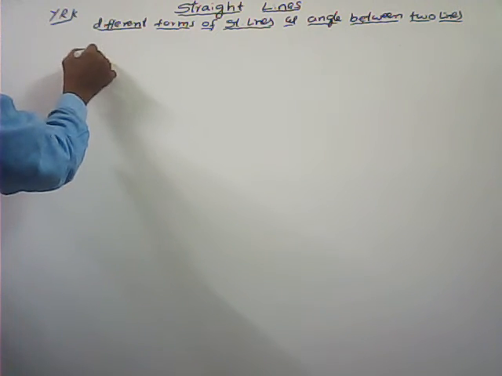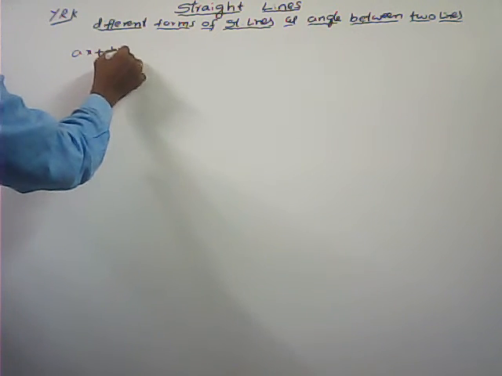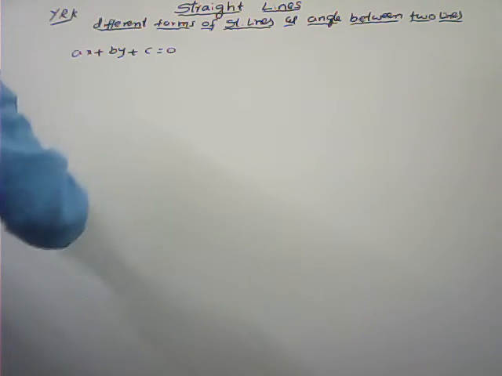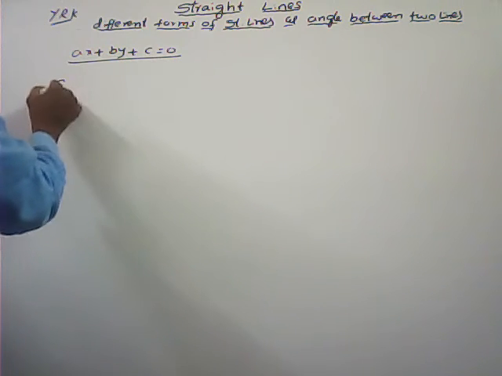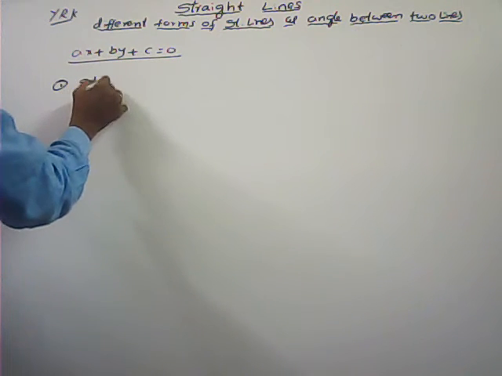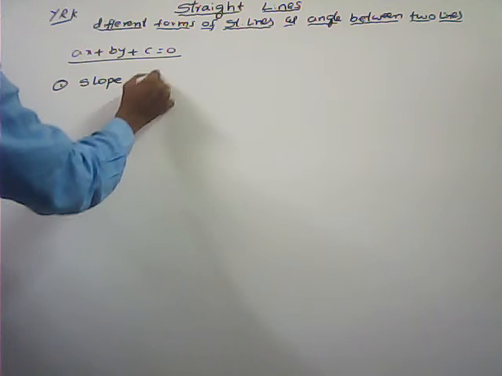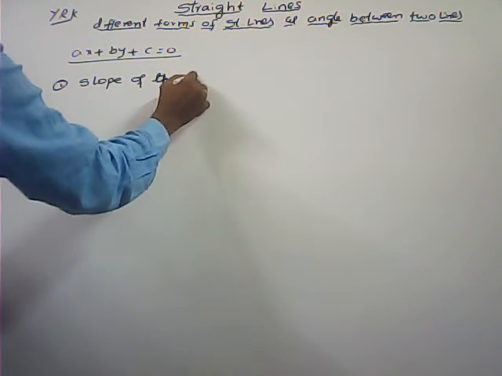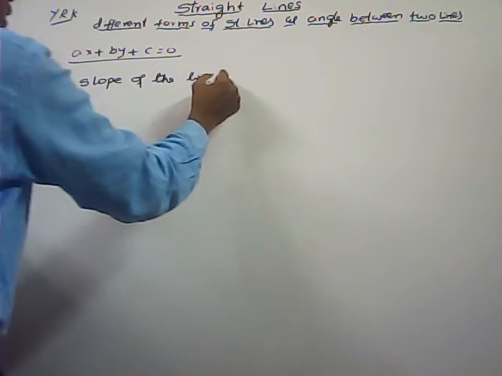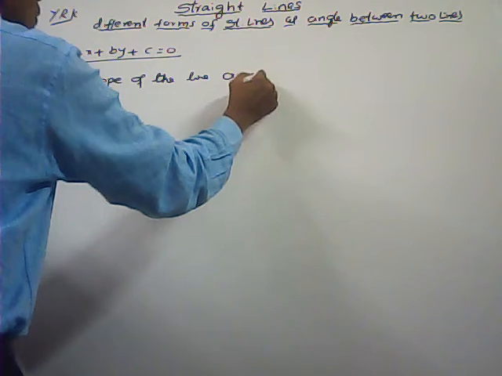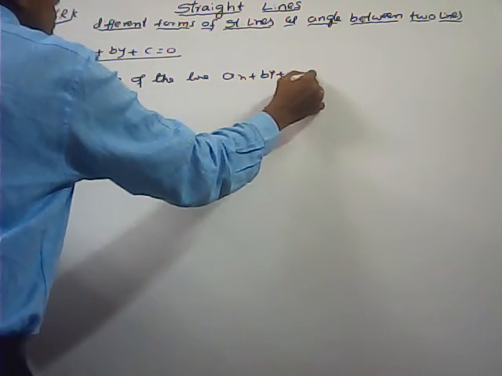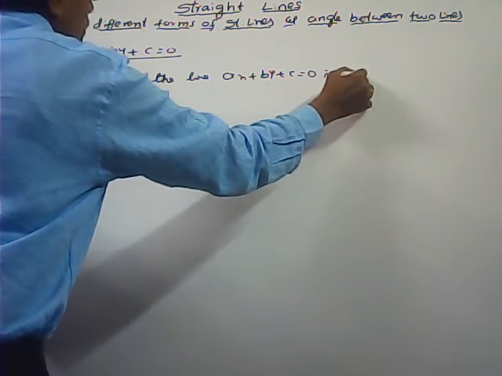Now, what we got here: if any equation of the line ax plus by plus c equal to 0 is given, the first point is the slope of the line, which is minus a by b.